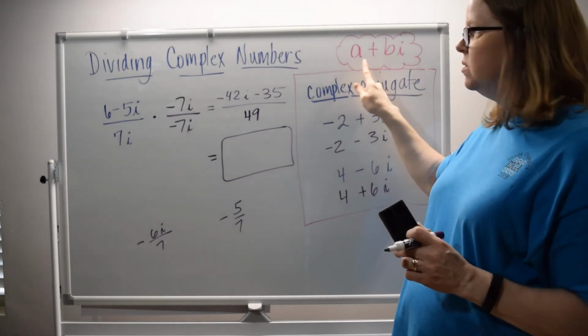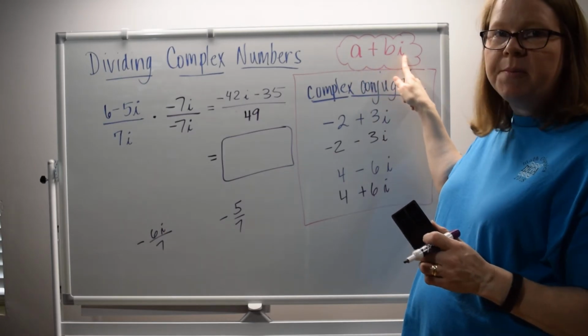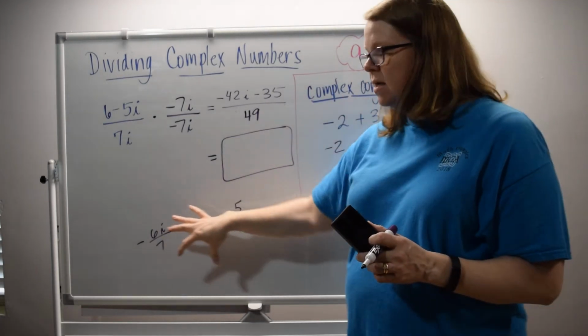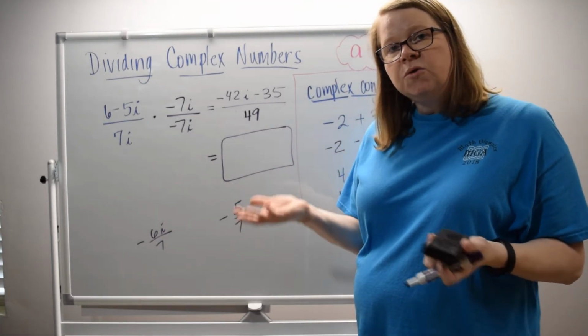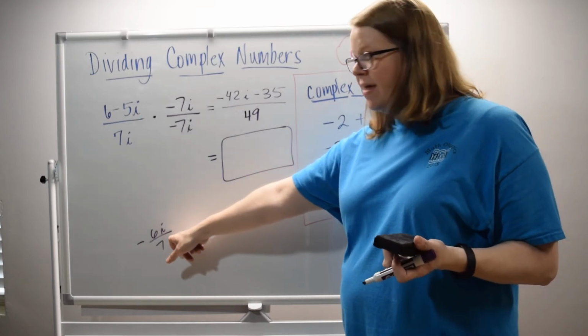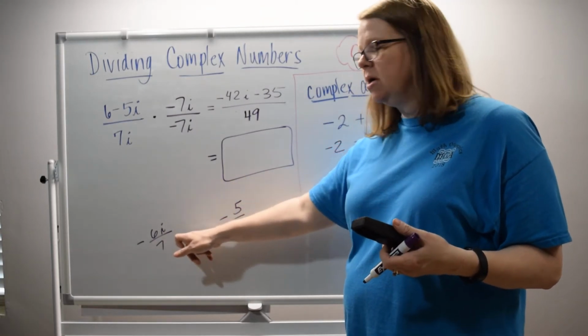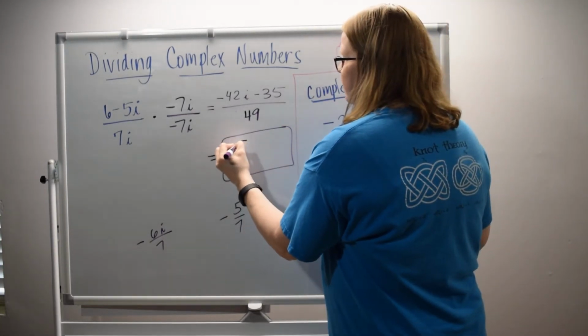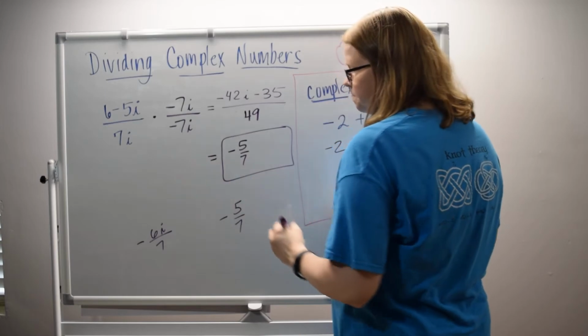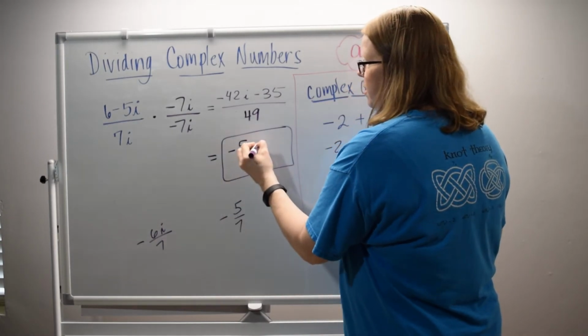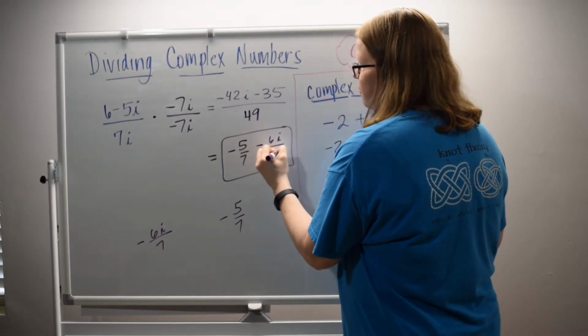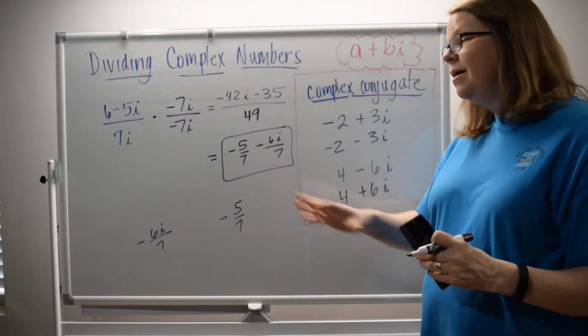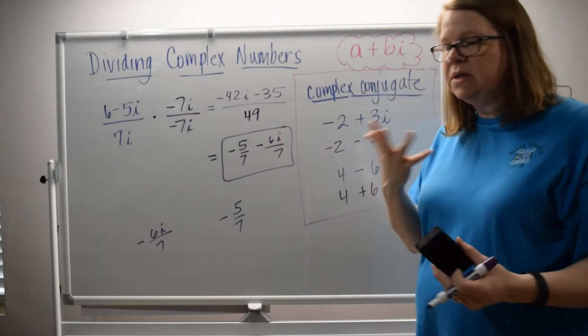All that means is the real part plus the imaginary part. So think which one's the real part and which one's the imaginary. The imaginary is the part with the i in it, because i stands for imaginary. So the real part comes first. So negative 5 over 7 comes first. And then the imaginary, minus 6i over 7. Okay? That's my final answer, and that's how I would leave it.